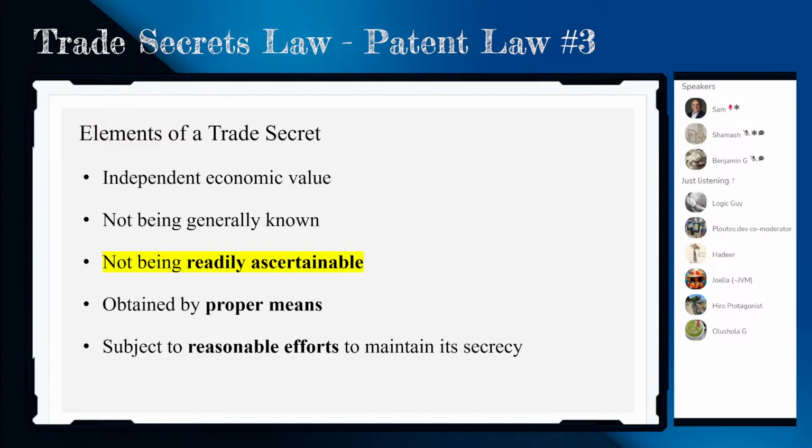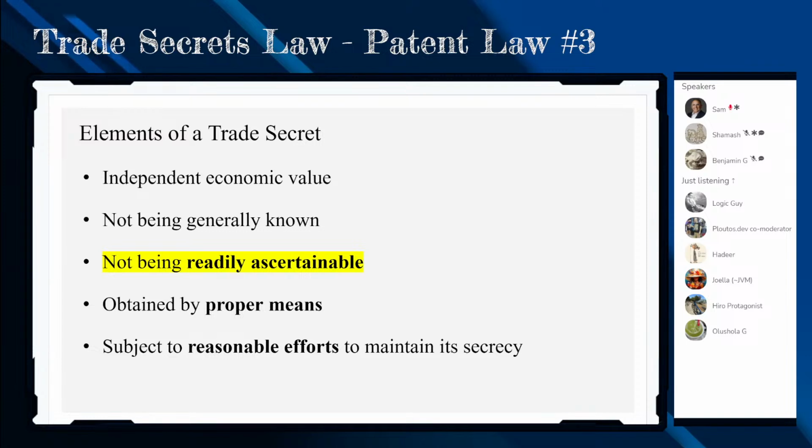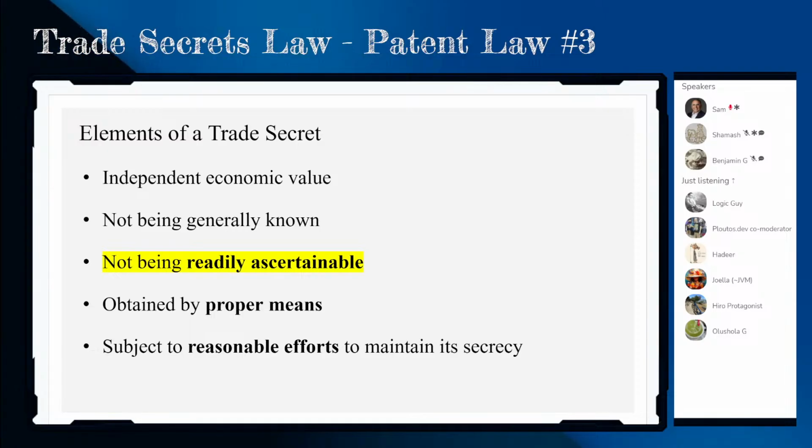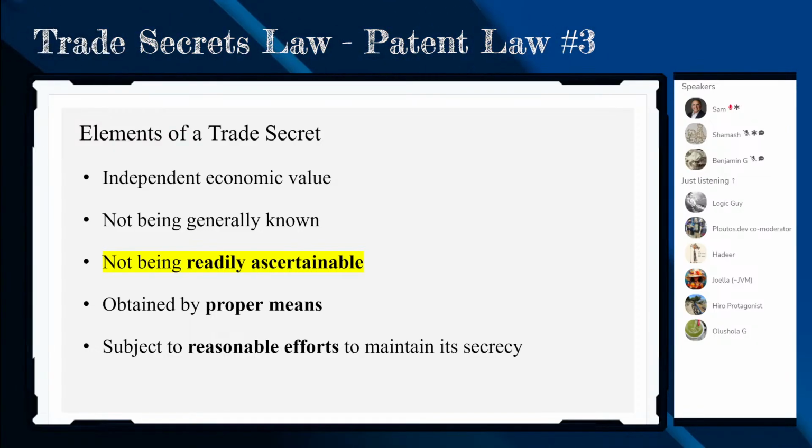If this information did not have independent economic value, you wouldn't go through all the time and expense of litigation, and the other side wouldn't have gone through the trouble of misappropriating it. So the fact that we're in court arguing over this information means that it has independent economic value.